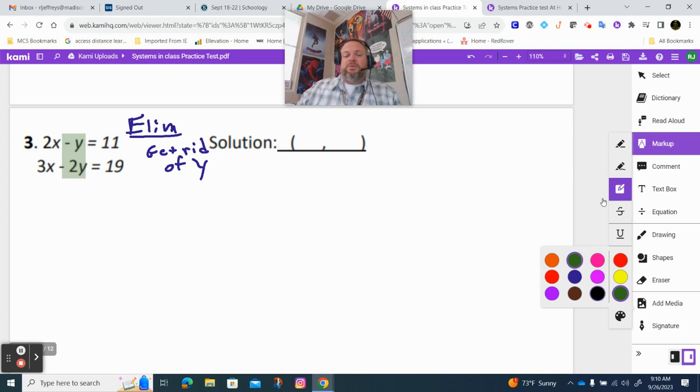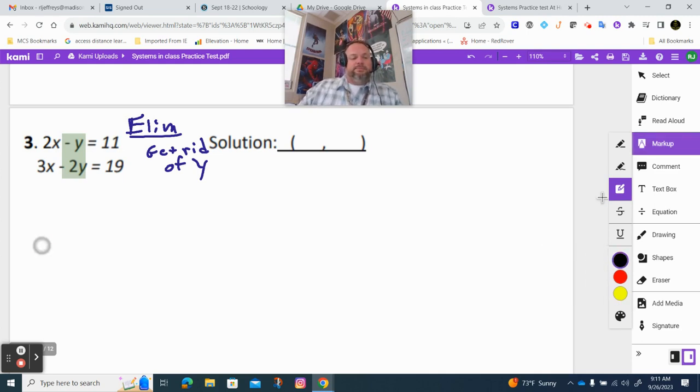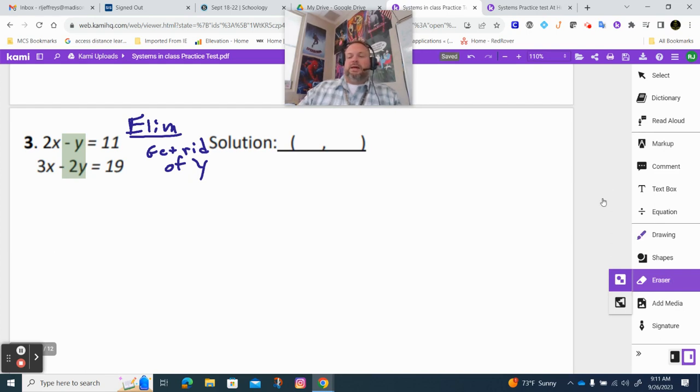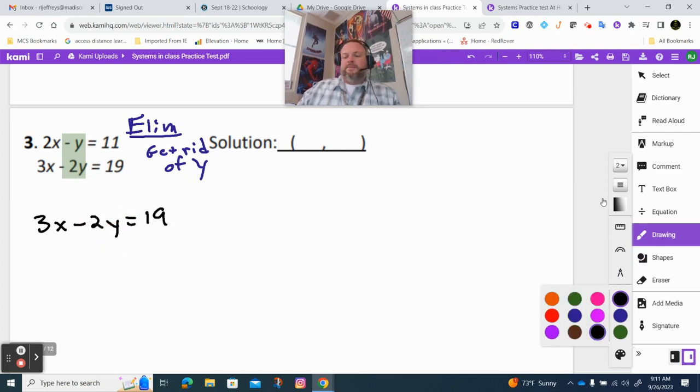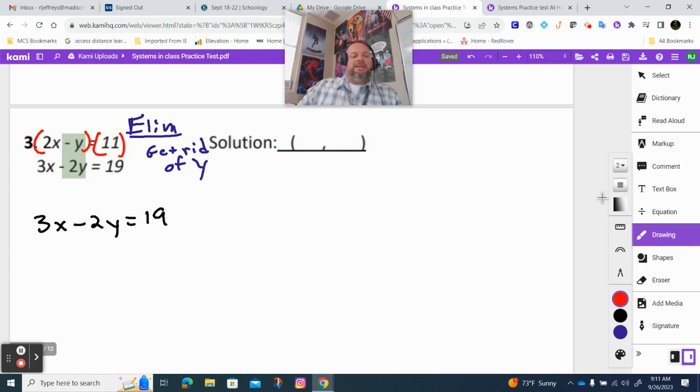So I'm going to leave the bottom one alone. I'm needing this to be a positive 2y. So what would I multiply negative y by for it to be positive 2y?